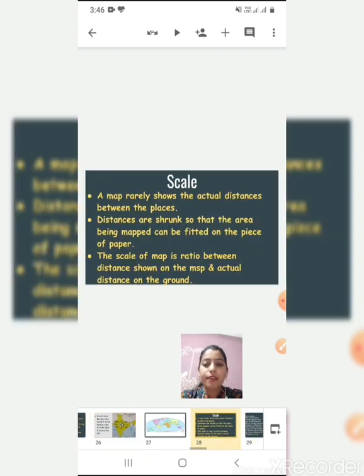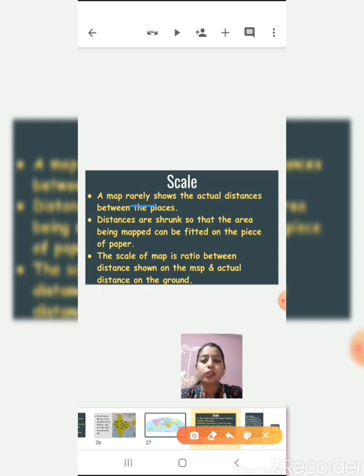Now next we have scale. The next element of a map is scale. A map rarely shows the actual distance between places.